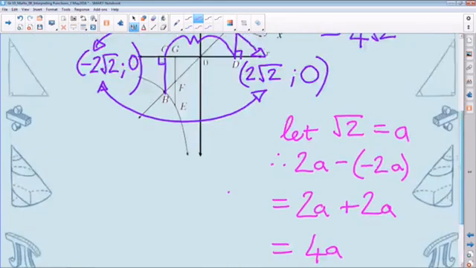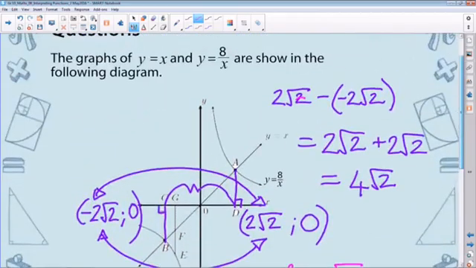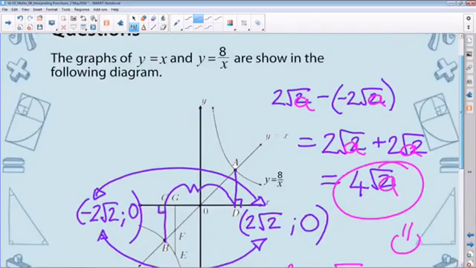And look what happened over here. A. So it all works out, and everyone's a happy camper.